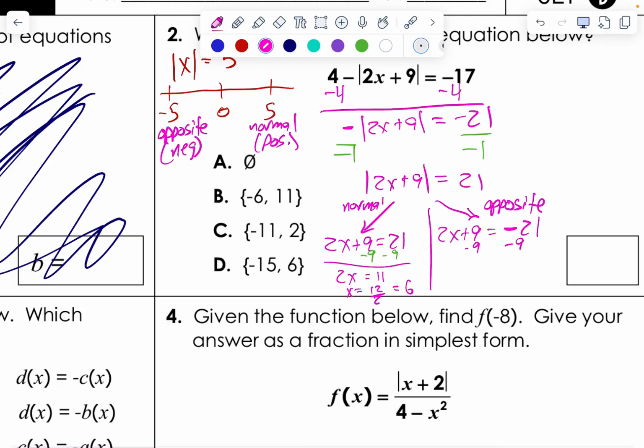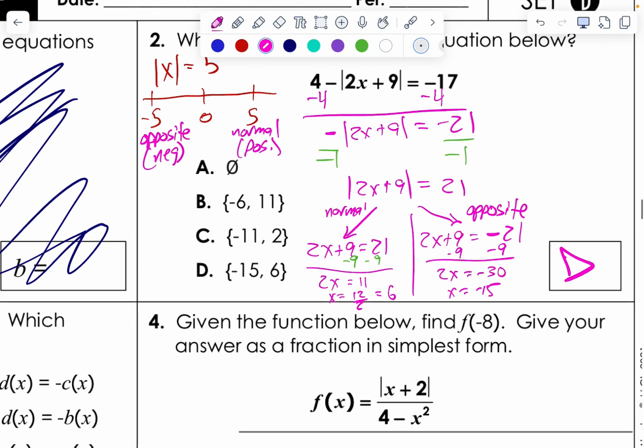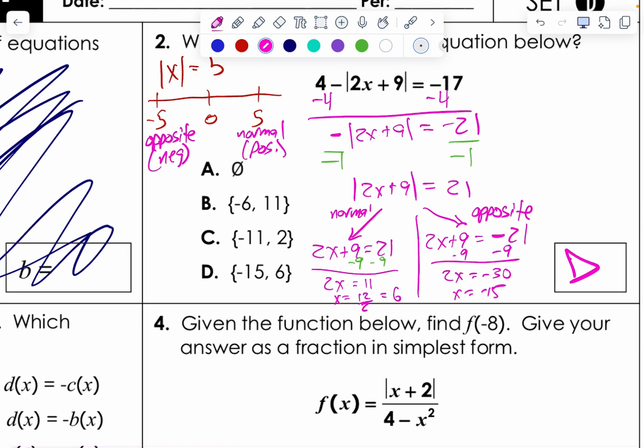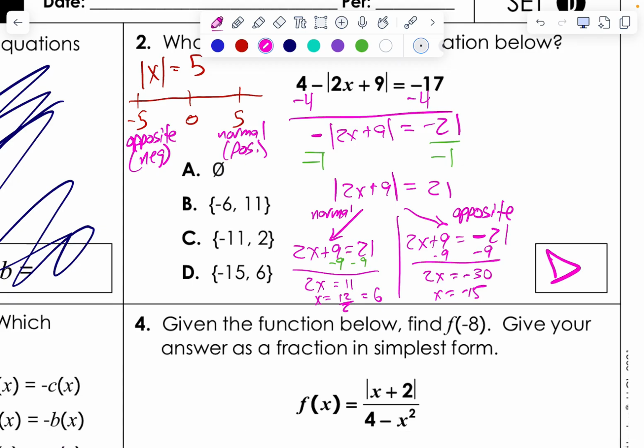We just end up with a different result. So we're looking at D, looks like. So 6 and negative 15. How'd you do on that one? It's honestly just normal solving with the exception of splitting. And then you just have to do it twice.